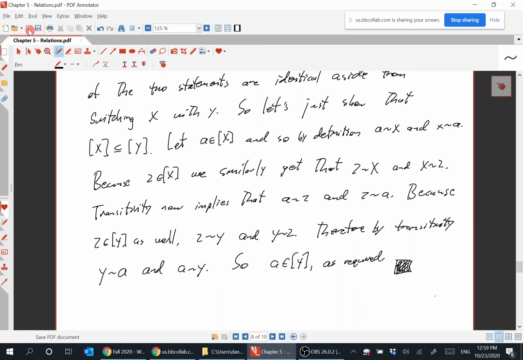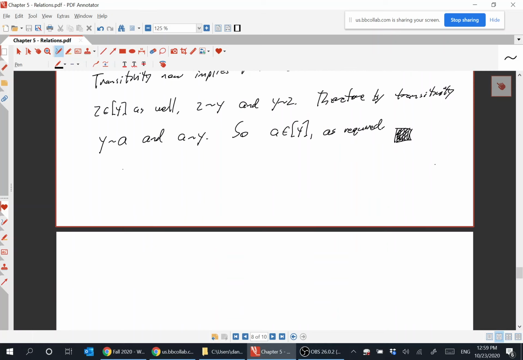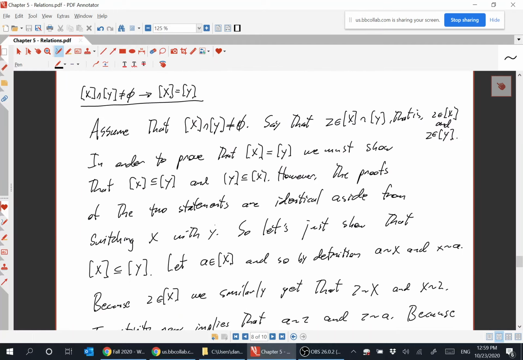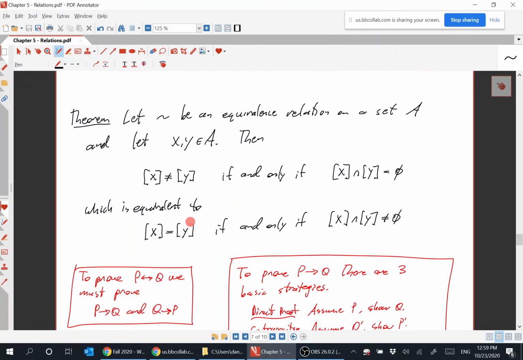So equivalence relations give you equivalence classes, and equivalence classes do what? Equivalence classes are either the same or disjoint, and never both. What does that mean? What do equivalence classes do to the set A?